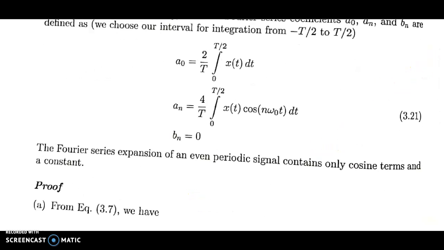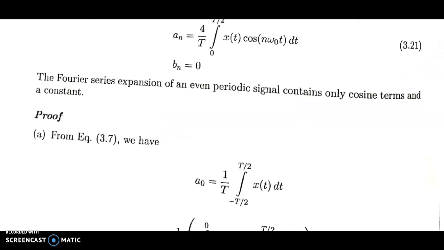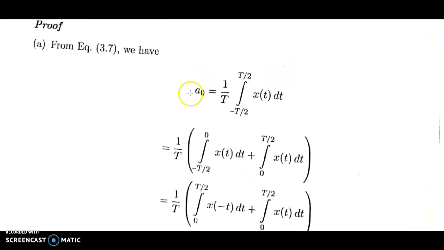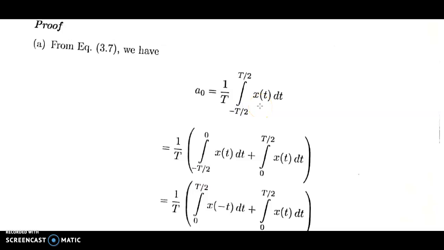Sometimes this is asked as a question itself, that is, you will be asked to derive the Fourier series coefficients, or you will be asked to prove that when x of t is an even signal, the Fourier series coefficients are these. So next we'll see the proof of this derivation. In this a0, the original equation is a0 is equal to 1 by T integral 0 to T, that is, we are integrating the original signal x of t over one complete cycle.